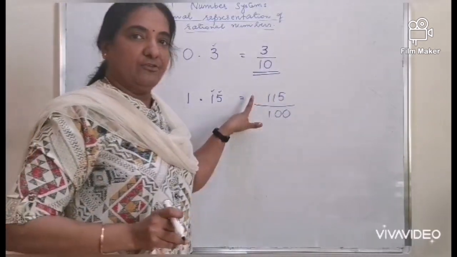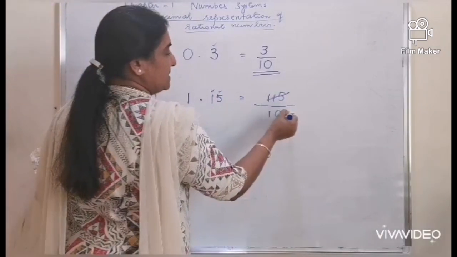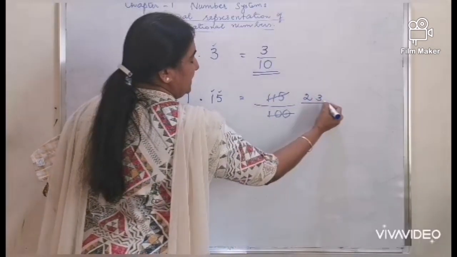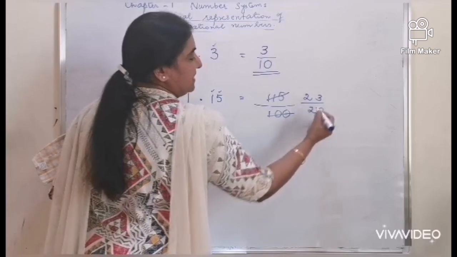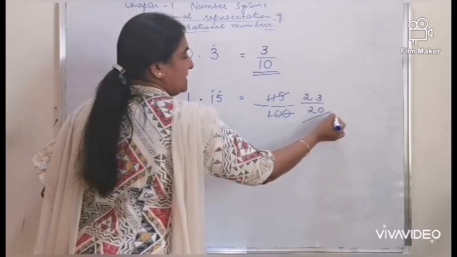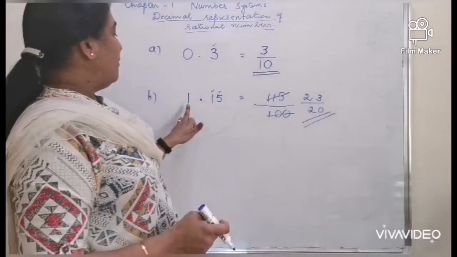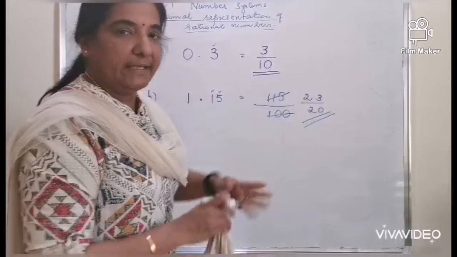So the first P by Q form is 115 by 100. You have to reduce with 5. 5 twos are 10, 5 twenty-threes are 115, so dividing by 5 it is 23 by 20. You can see the simplification is over, and the P by Q form of 1.15 is 23 by 20.